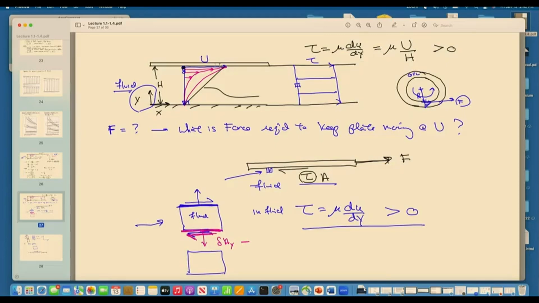Everything, of course, is defined with respect to the coordinate system. So the force is in the positive x direction, and the outward normal of the area that we're considering is in the positive y direction. So this fluid element, looking at the upper surface in contact with the moving plate, has a force imposed in the positive x direction and an area normal in the positive y.